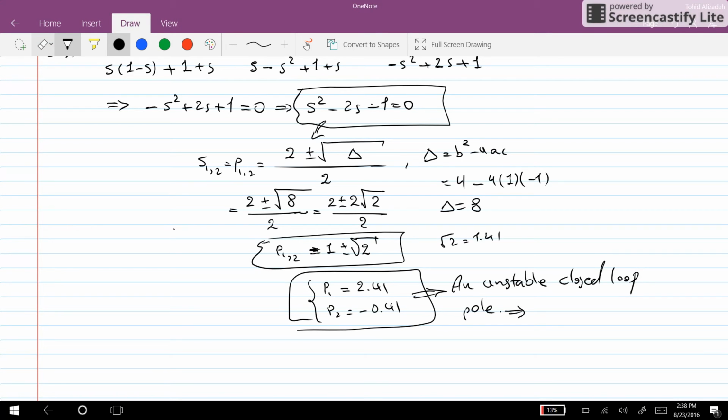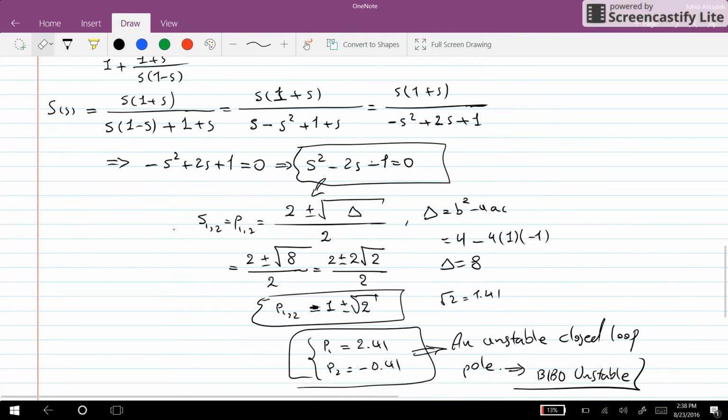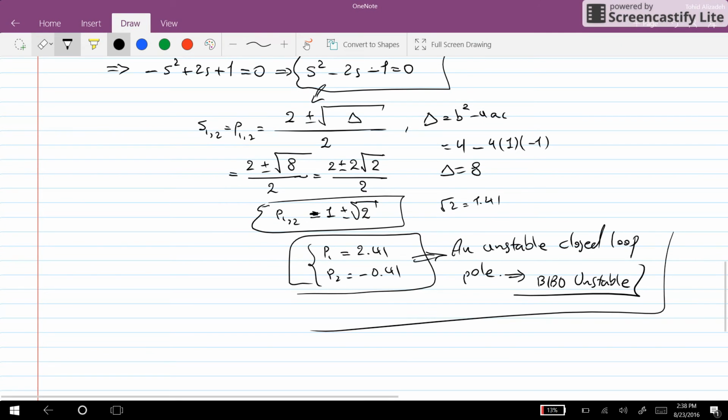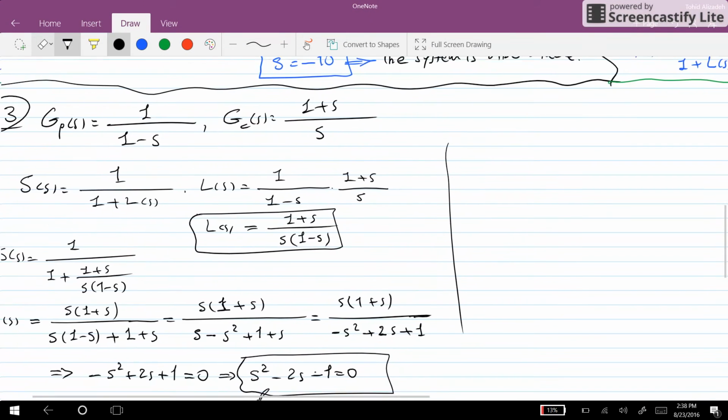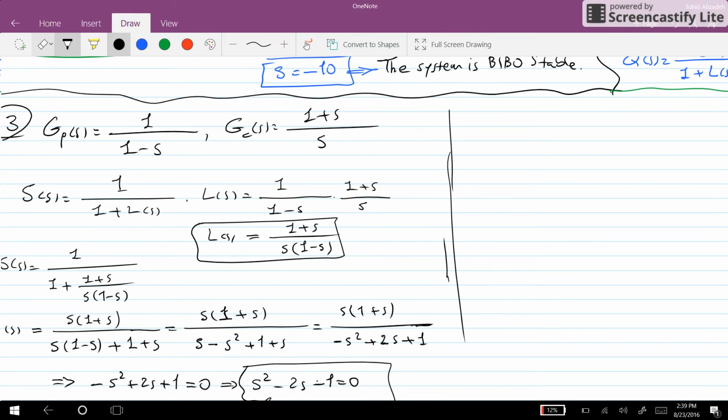So our system is BIBO unstable. This is for the third case. By having a look at the sensitivity function, we can also calculate the T of S for this case, and then Q of S.